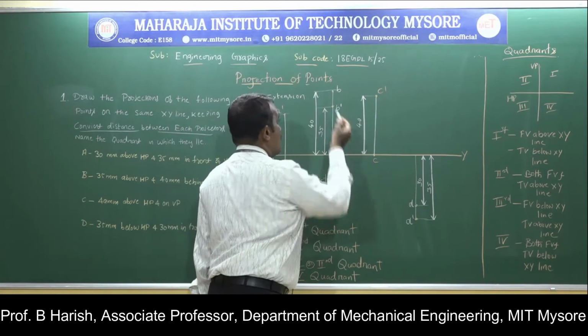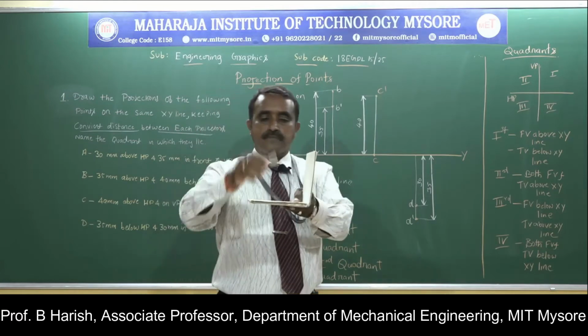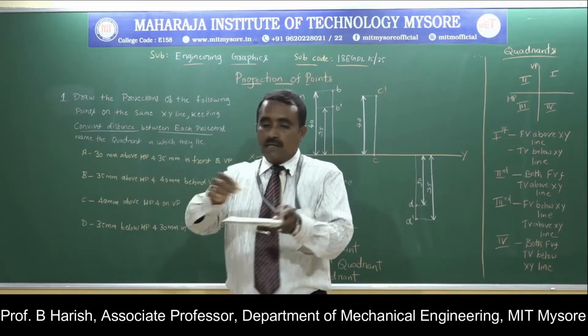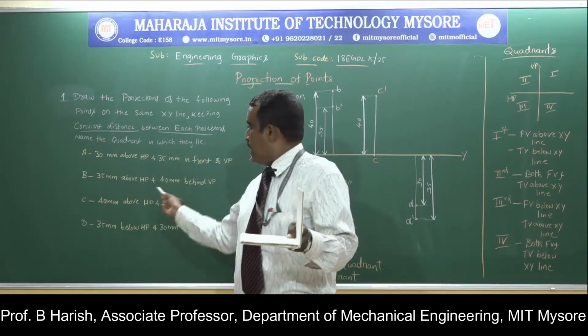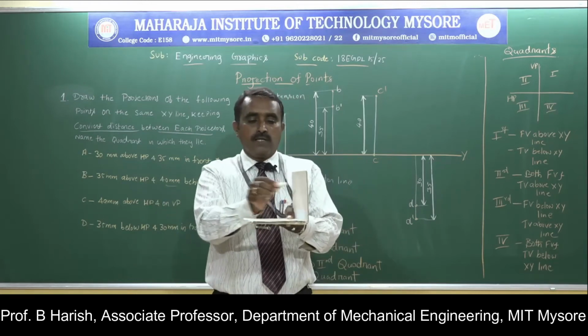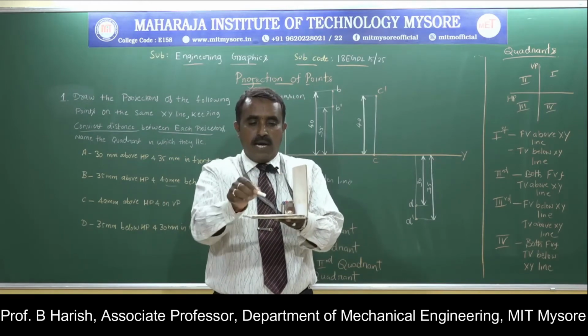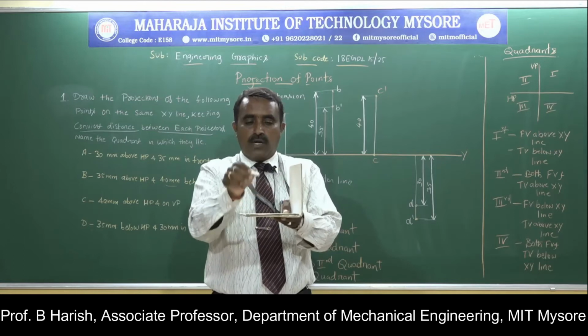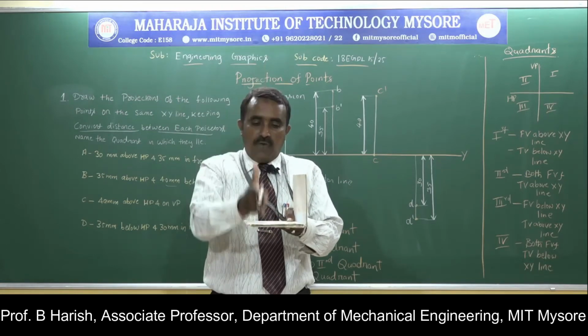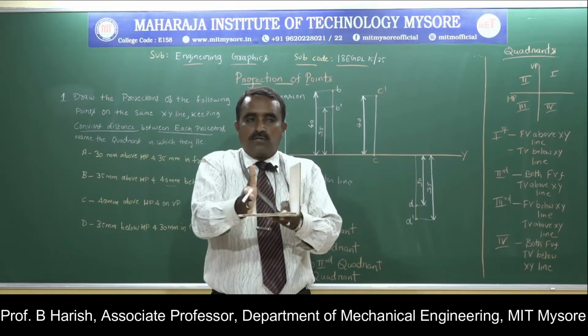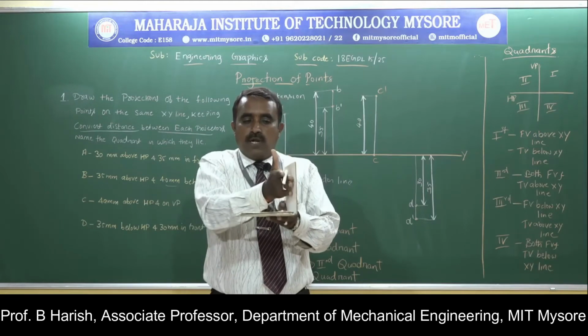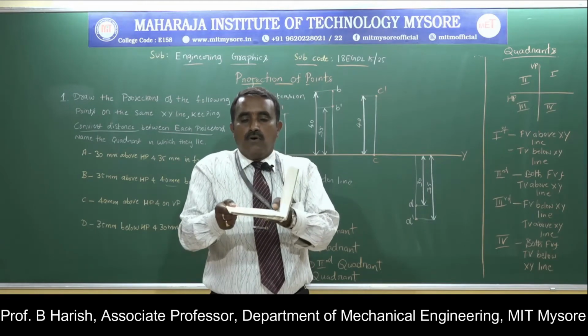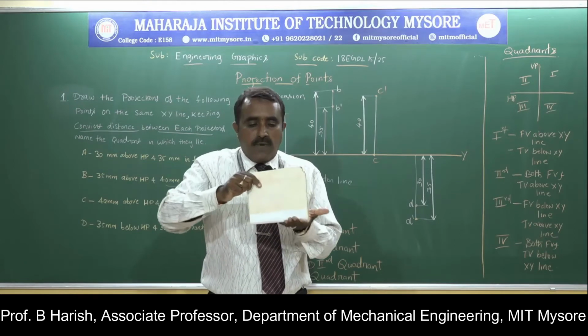Then, as you observe from the given problem, 35 mm above HP and 40 mm behind VP. So this is 35, this is behind VP. This 40 mm behind VP will correspond to your horizontal plane. This above will correspond to your vertical plane. When you rotate it, you get this XY line.